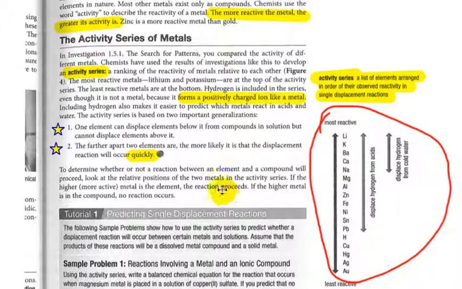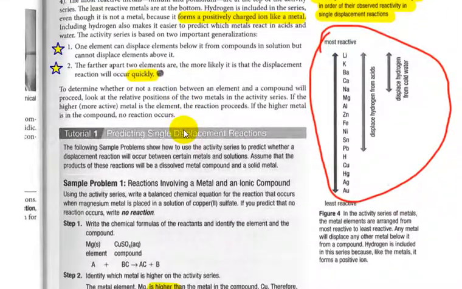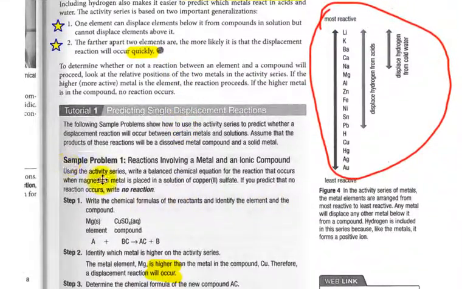Okay, so to determine whether or not a reaction will happen between an element and a compound, you have to look at the two places, or their positions on here, and then from that you can figure it out. So if we look at this example here, magnesium and copper sulfate. The question is, is magnesium active enough to push out the copper from copper sulfate?